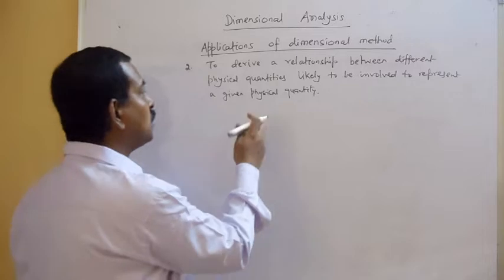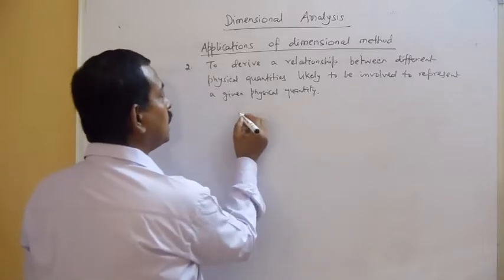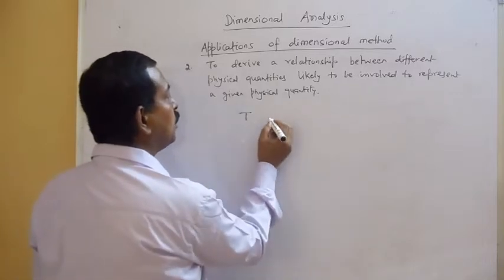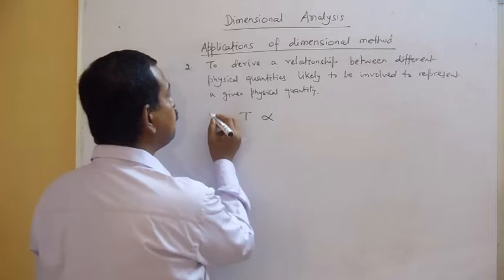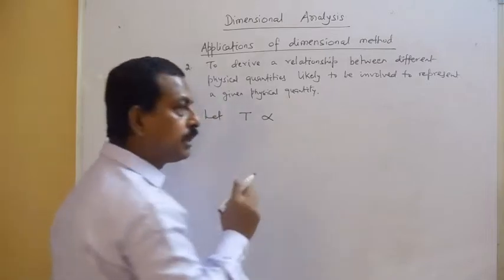So we assume that the time period of a simple pendulum is proportional to whatever terms are there.